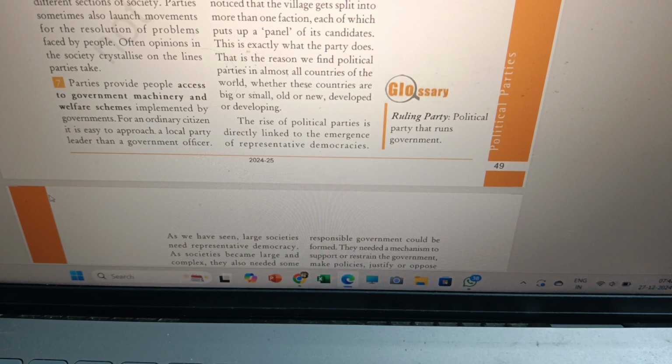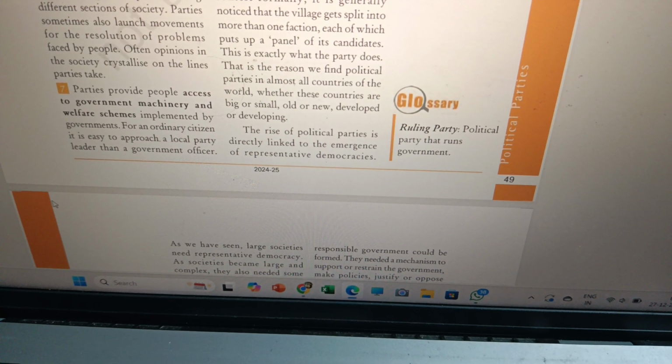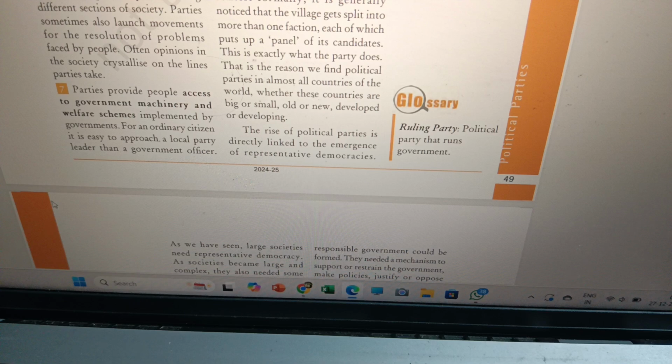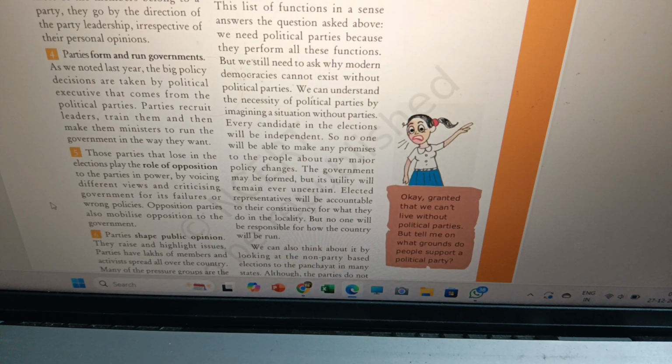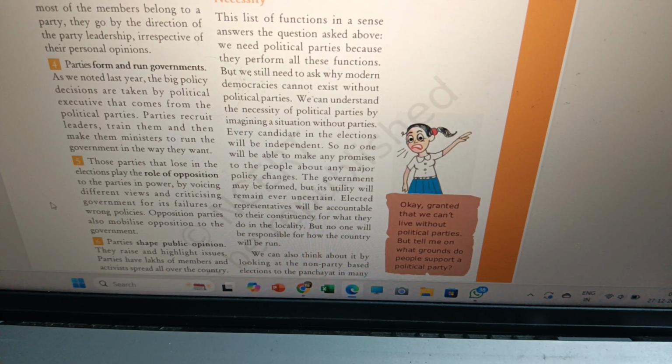It is easier to approach your ward member, your panchayat member, your district member, instead of contacting the government officer. That is why they feel close to parties even when they do not fully trust them.